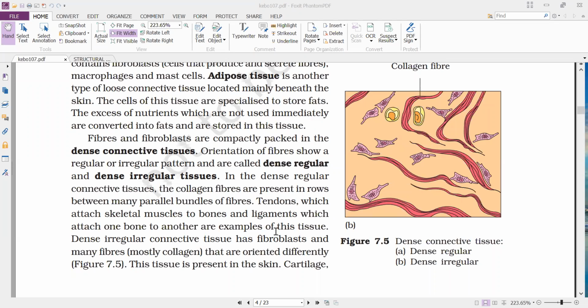So the tendon and the ligaments are the examples for this dense regular connective tissue.